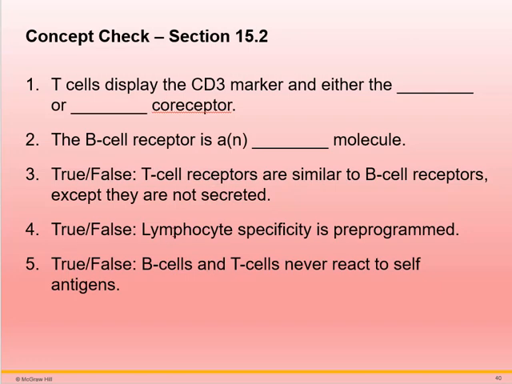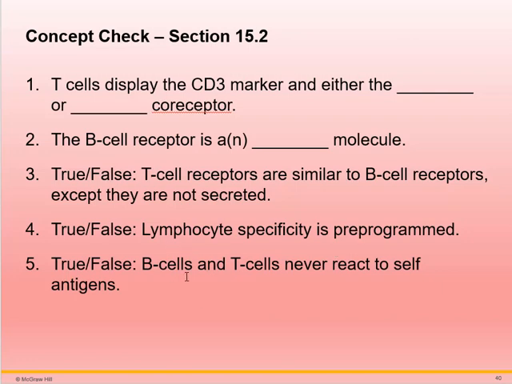True or false, the lymphocyte specificity is pre-programmed. I guess it depends on how you define pre-programmed. But yes, in the genes there are all these different possible shapes of the variable regions, and the reassortment of the genes is what gives them their specificity to the antigens. True or false, B and T cells never react to self-antigens.